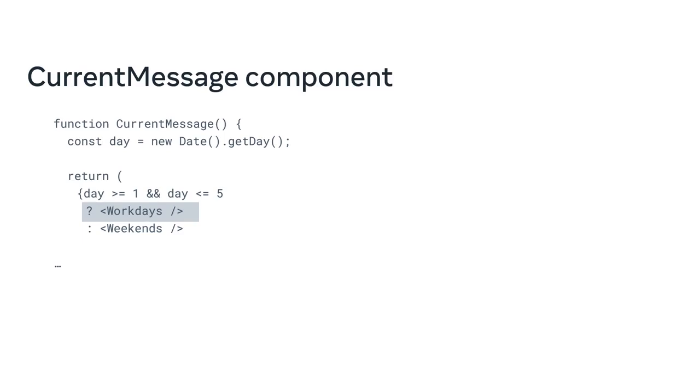In this example, the component workdays is rendered. Next is the colon symbol, which represents the code to be executed if the condition evaluates as false. And if this happens, the component weekends is rendered. Using the logical AND operator in the condition means that both expressions have to return true in order to render the workdays component. Otherwise, the weekends component will be rendered.